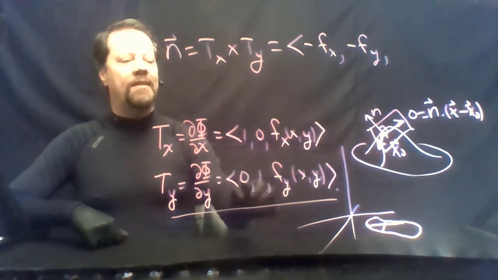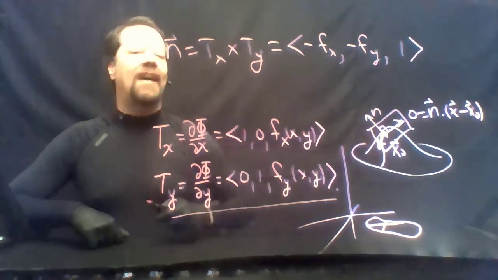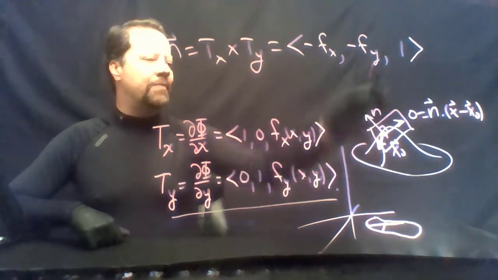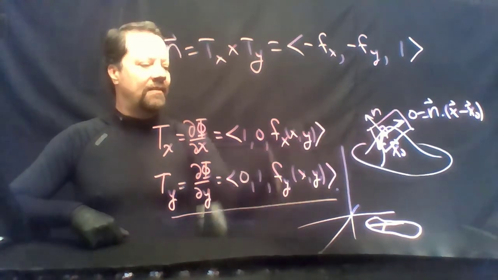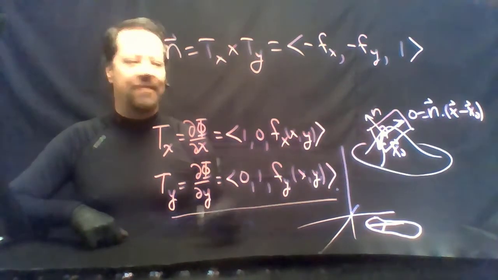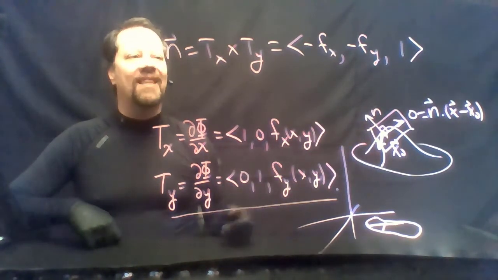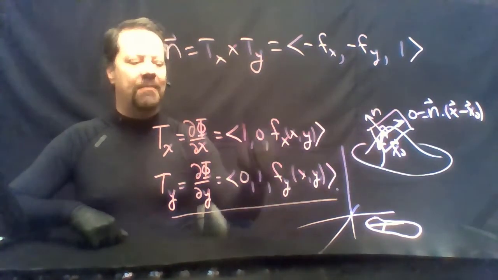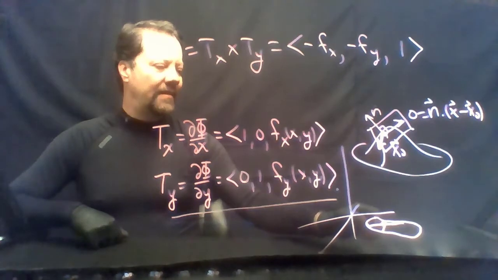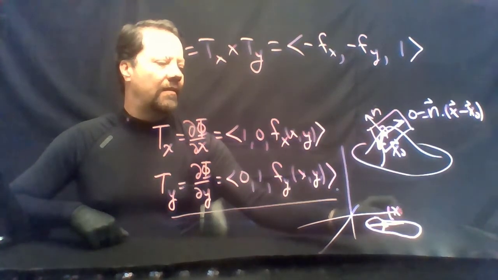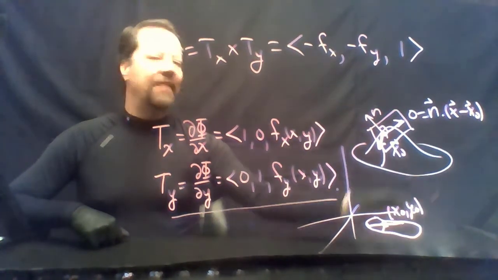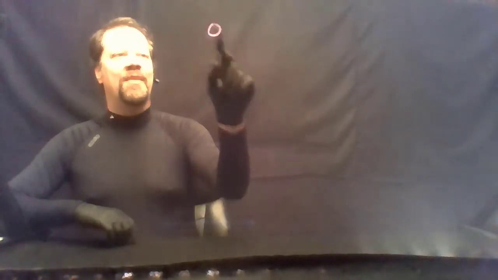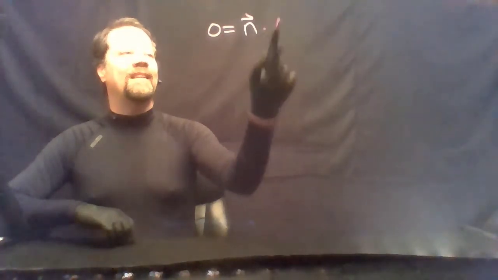And then 1. And so, since the z-coordinate is positive, it will be pointing up towards the upper half space from this point. We're going to evaluate this at some point x naught, y naught in the domain.